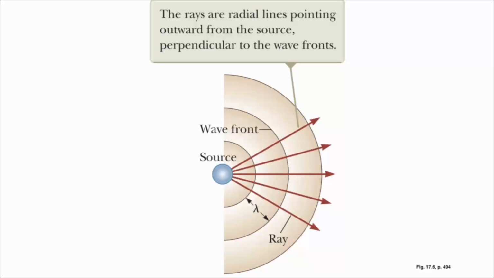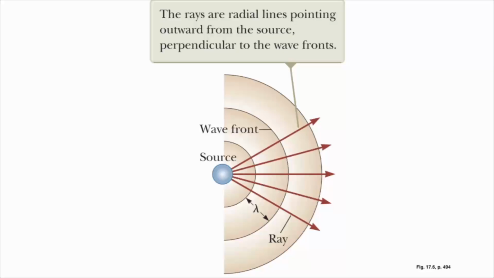If the sound is a point source, and we'll just assume every sound is coming from a single source, then the sound waves are emanating from that source and spreading out as spherical waves. And every wave front, every peak of this wave, every compression that's coming at you is one of these nested spheres of sound that's coming at you.